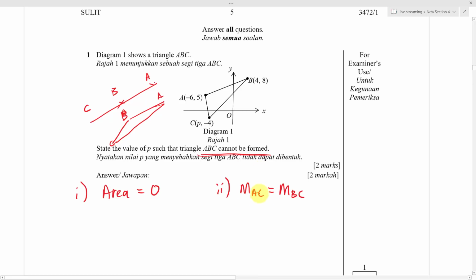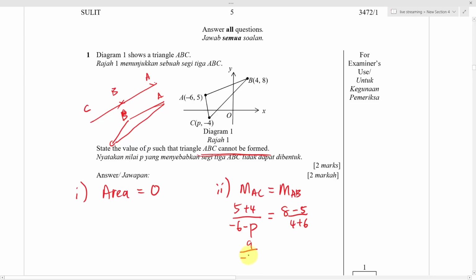If I want to find the gradient of AC, I will use 5 minus -4, so 5 plus 4 over -6 minus P. And for the other gradient, I will use AB. Gradient of AB is 8 minus 5 over 4 minus -6, which is plus 6.